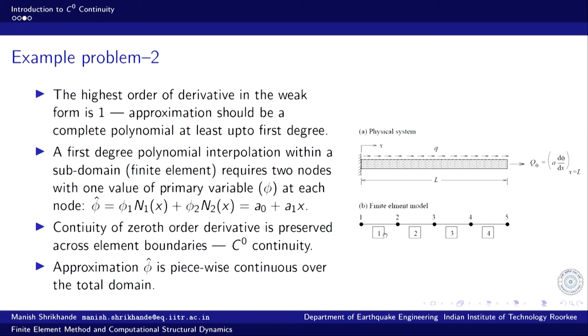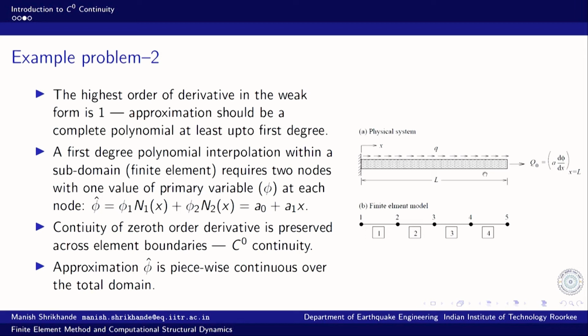So, element 1 is defined by these two nodes, node 1 and node 2, that is all. Element 2 is defined by node 2 and node 3. Element 3 is defined by node 3 and node 4. Element 4 is defined by node 4 and node 5. So, now you can possibly see a highly structured arrangement here.